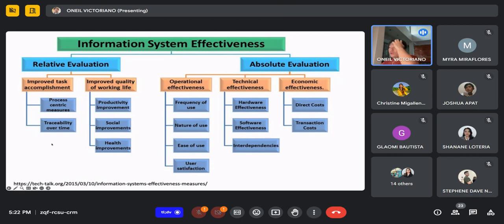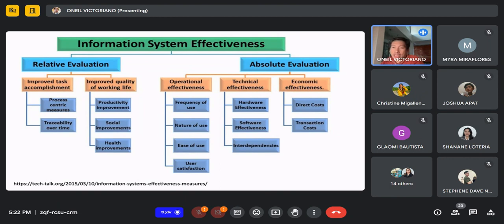So looking into process-centric measurements and traceability over time. If you try to look into task accomplishment, it really boils down to process-oriented metrics, where the functional requirements of the system come from the requirement specification, which is equated to process.